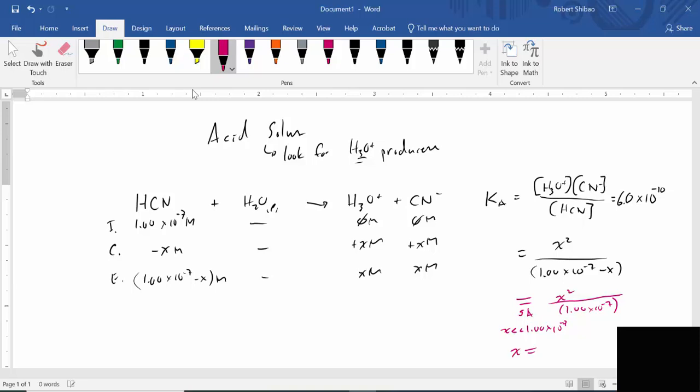We can just solve this, I think. It is going to be the square root of 6 times 10 to the negative 17, which we'll just do in the calculator here.